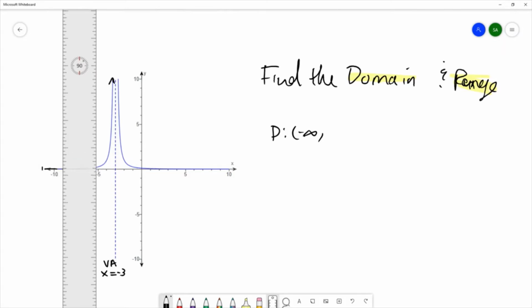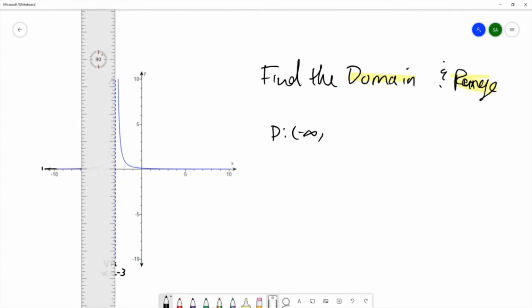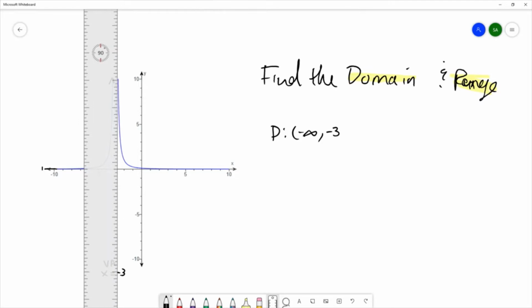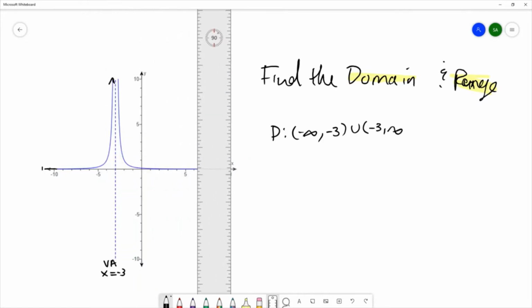So the vertical asymptote is an undefined spot on the graph, so the domain will start at -3. Then the graph continues right after that vertical asymptote. So the domain starts again at -3 and continues on to infinity.